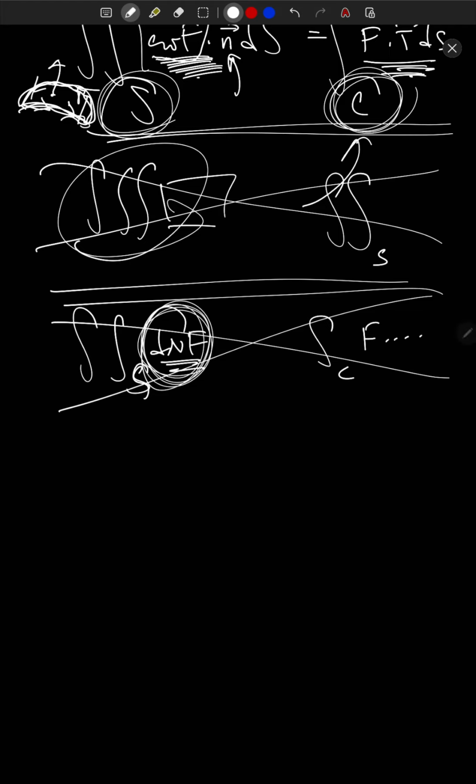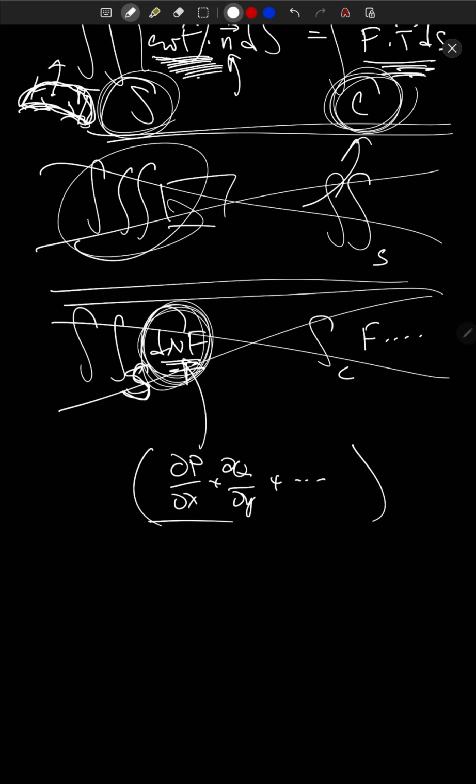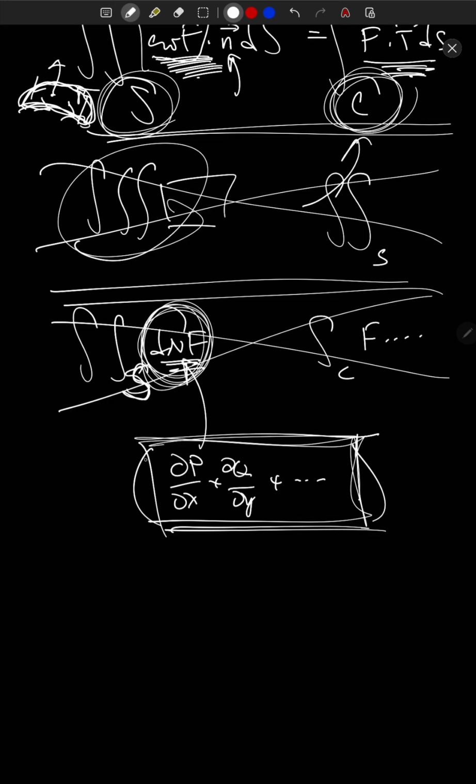But once you're on a surface, our naive concept of divergence, which is dP/dx plus dQ/dy and so on, has to be modified to mean what it's supposed to mean. So we're only working in a very simple setting, so that we only have the basic divergence theorem.